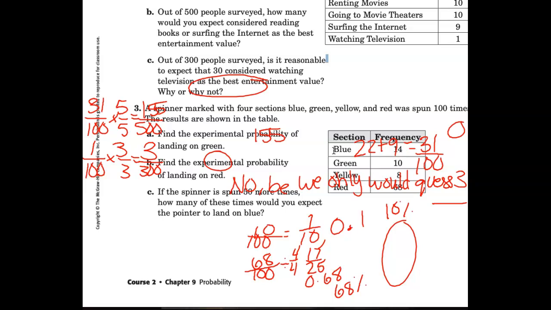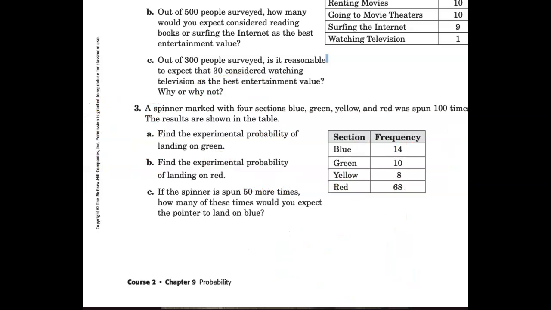All right, so our last one. If the spinner is spun 50 more times, how many of these times would you expect the pointer to land on blue? So first of all, how many times did we actually land on blue? 14 times. 14 out of 100.